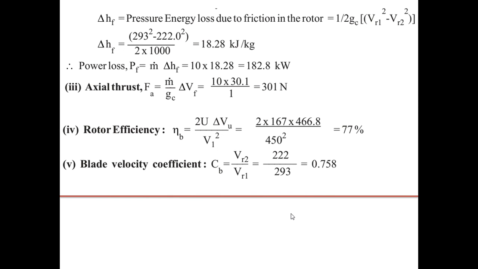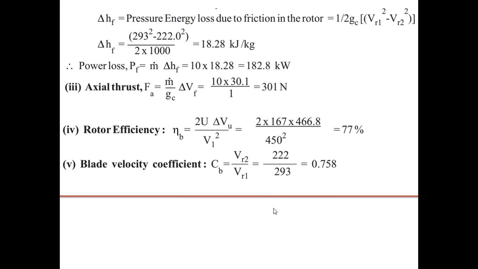So 18.28 kilojoules per kg enthalpy change is happening. That is a drop in pressure or drop in energy. This drop in energy for a given mass of 10 kg per second, if you multiply, I will get the answer. How much power is lost? 182.8 kilowatt energy is lost.